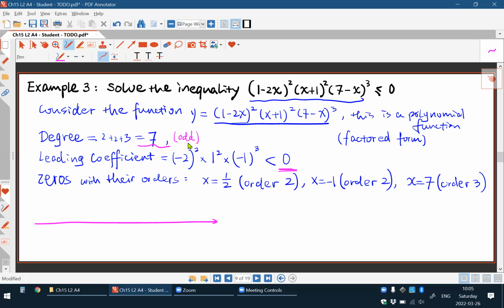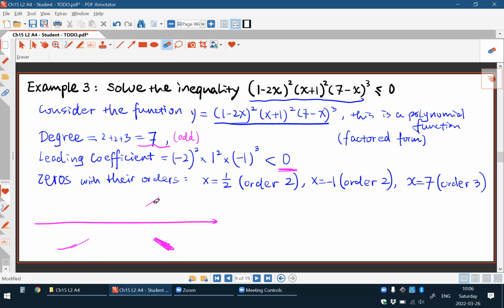If degree is an odd number, it will have an end behavior like this or this, right? Either this or this shape depends on the leading coefficient. If the leading coefficient is a negative number, then it must have a shape like this, for the end behavior.